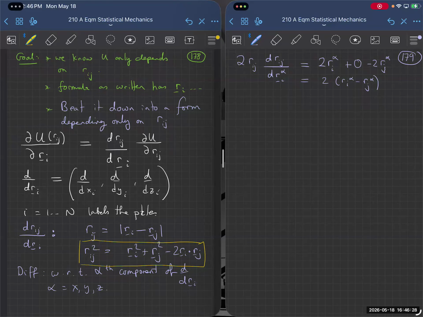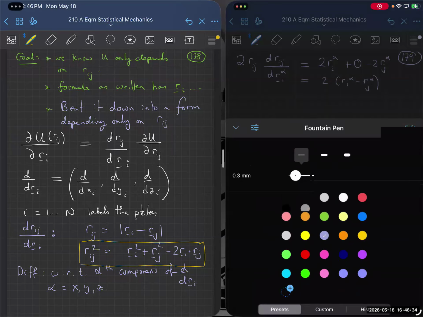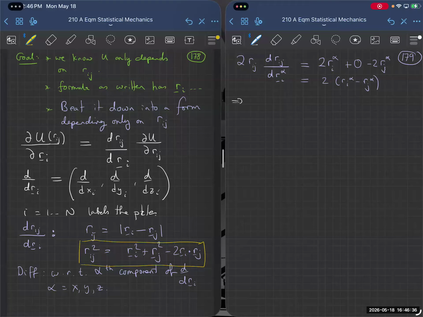And so now I can write this down in vector notation. The twos cancel, and so I can say that d by dRi of Rij is equal to the vector Ri minus Rj, which is the vector Rij, divided by Rij itself, which is the magnitude of Rij.